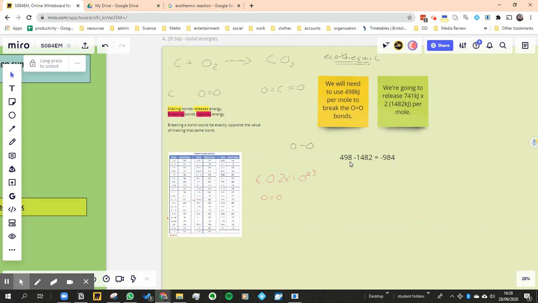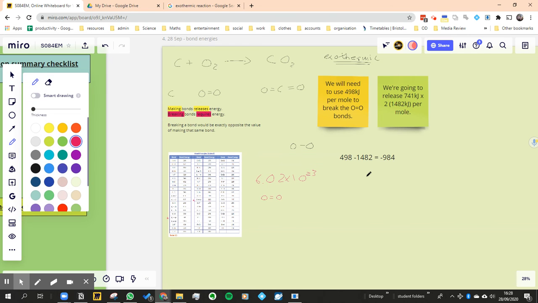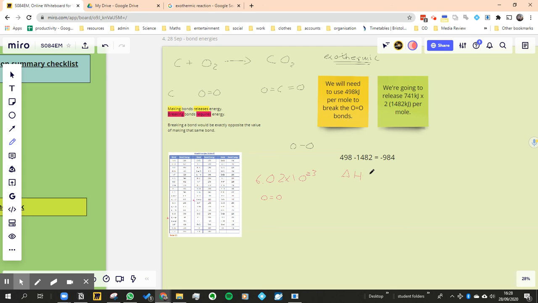However, you're right to take them away in this way, presumably because you remember from your lessons that what you're going to be doing is working out delta H, which is a bit that we always have to think carefully about. So the quick way to know it is that exothermic reactions always have a negative delta H. So that would mean delta H must be the amount of energy in total you would lose in the reaction, I guess.